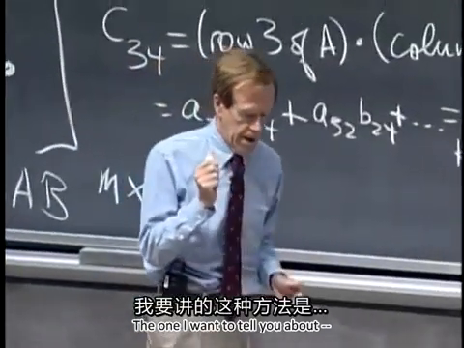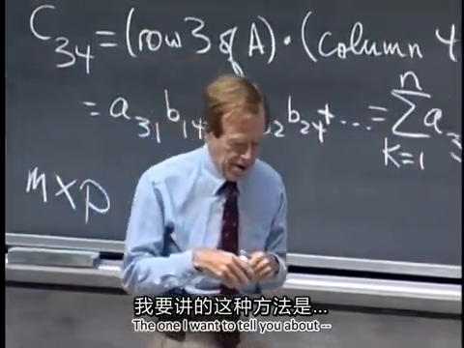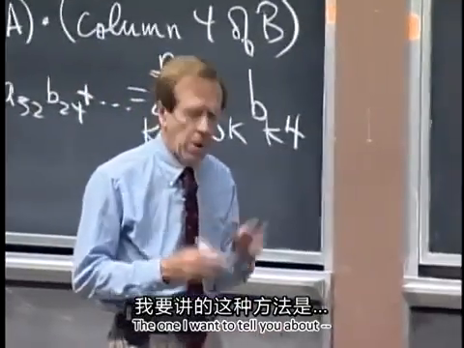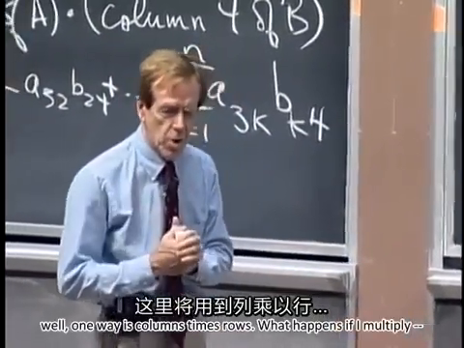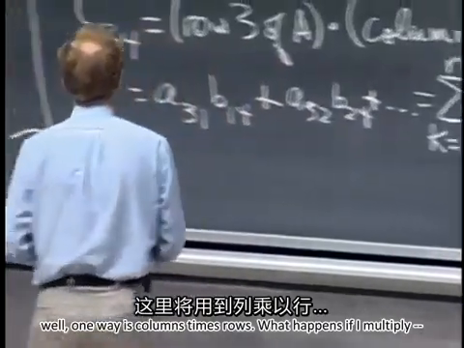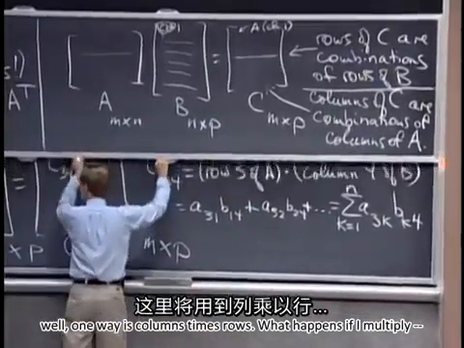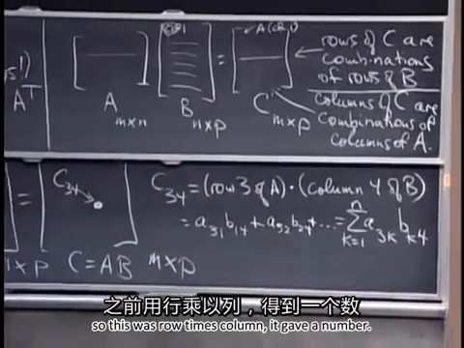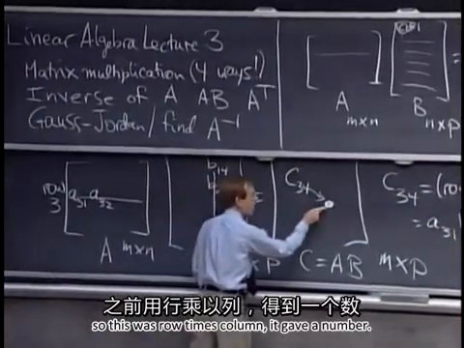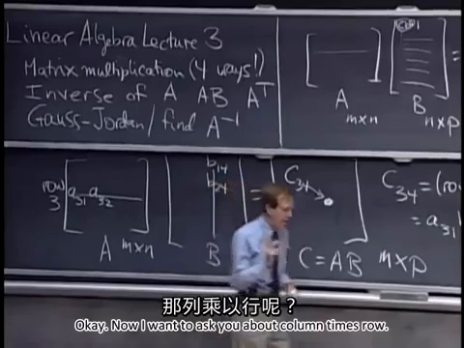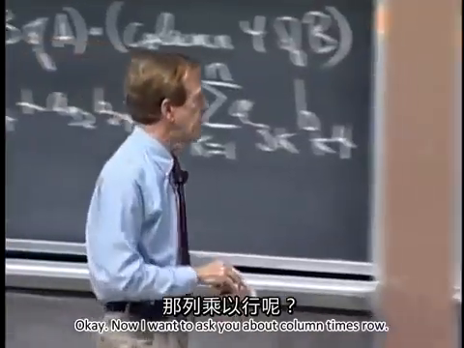The one that I want to tell you about, well, one way is columns times rows. What happens if I multiply? So this was row times column. It gave a number. Okay, now I want to ask you about column times row.